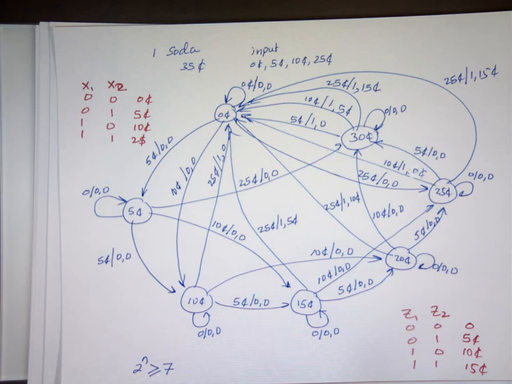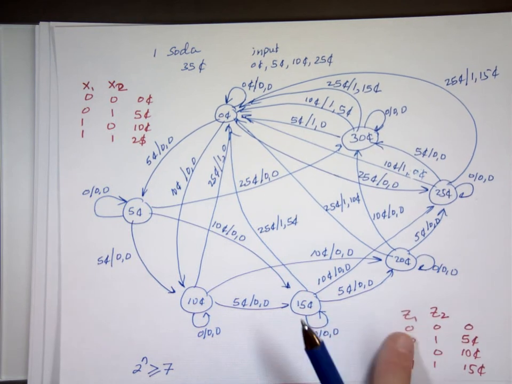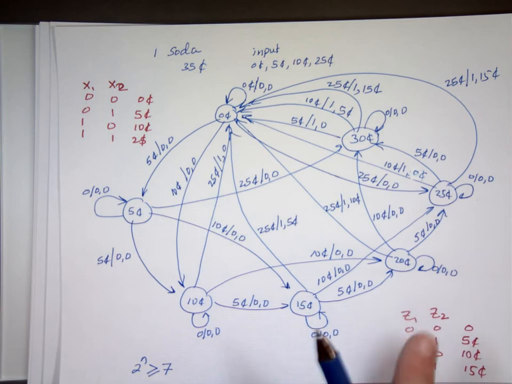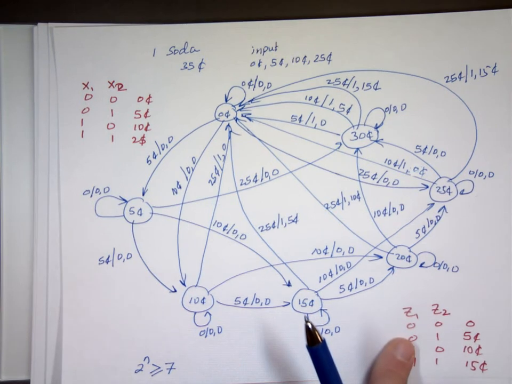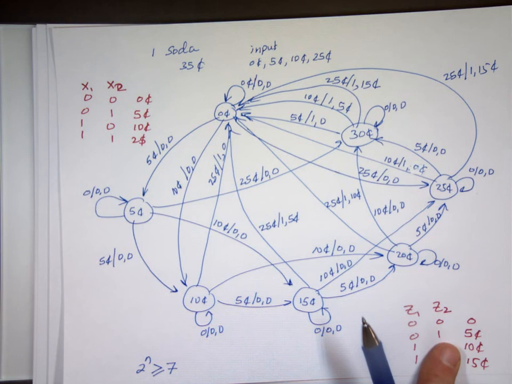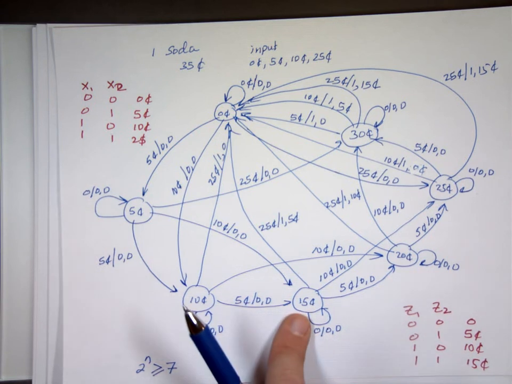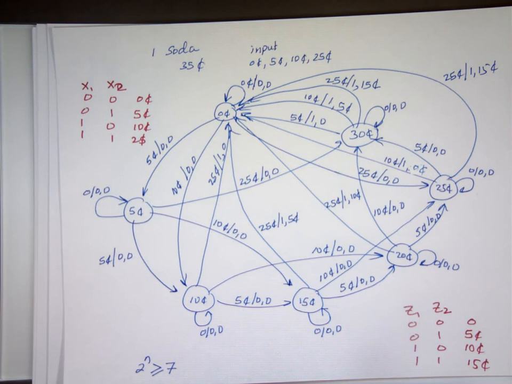That's 6 of them. 2 for each one of these. 6, 8, 10. I have my candy, 12. 12 4x4 K-maps I've got to do. 12 of them. And attach every one of them.